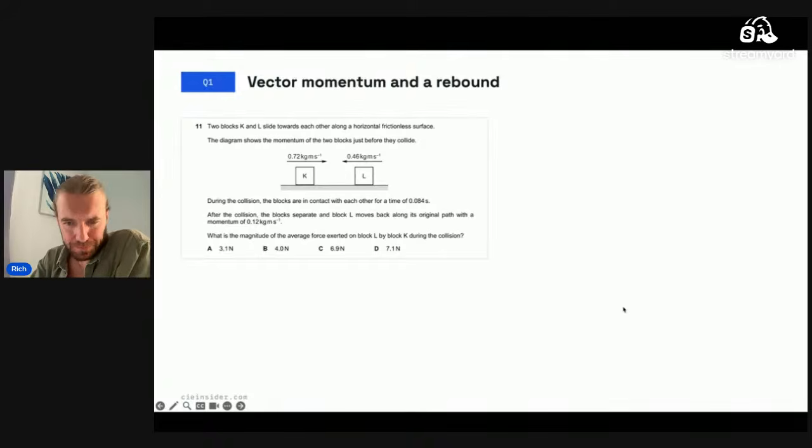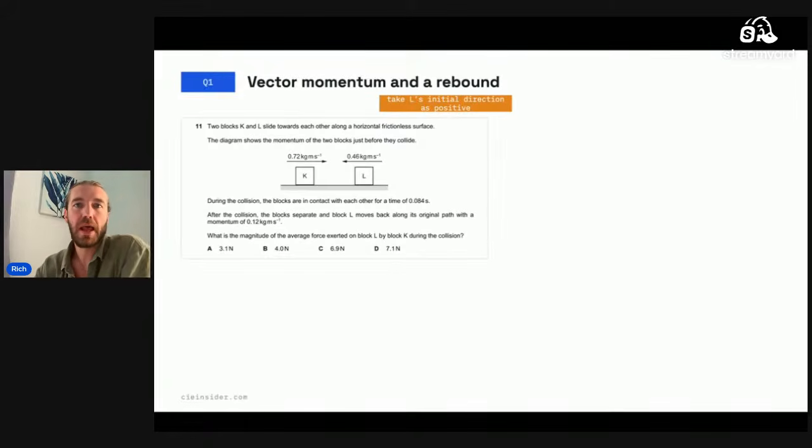All right. So, you guys maybe said that you were going to set the positive direction as right. I actually said, let's take L's initial direction as positive. So we're taking to the left. That's how I show it: I just draw an arrow to the left and write plus ve, so positive.